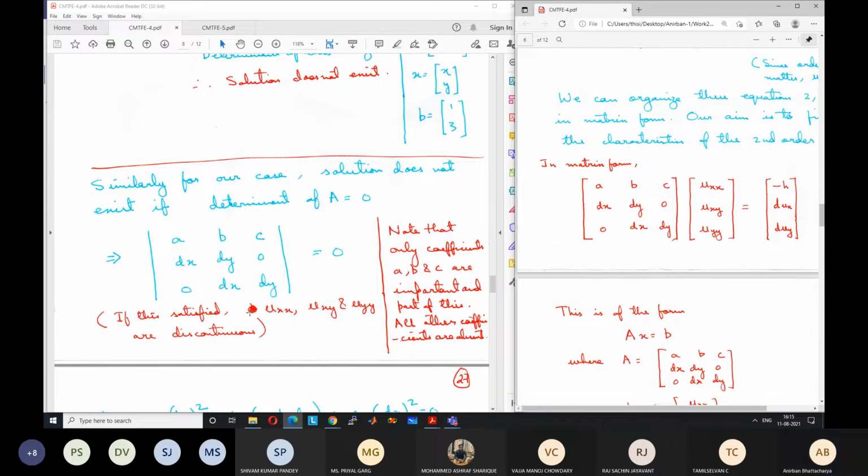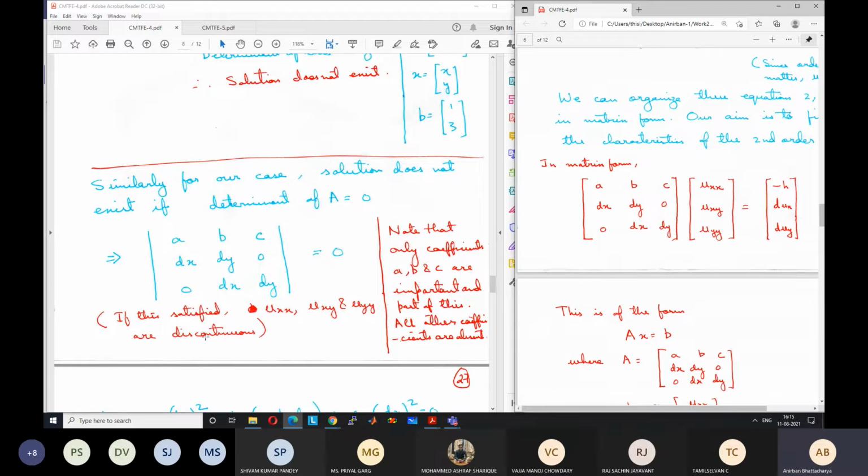It is the solution of the second order terms that will not exist at those points, not the actual solution of u or any other variable. So the determinant of the matrix with rows a, b, c; dx, dy, 0; 0, dx, dy, if it is equal to 0, then uxx, uxy, and uyy are discontinuous when this condition is satisfied.